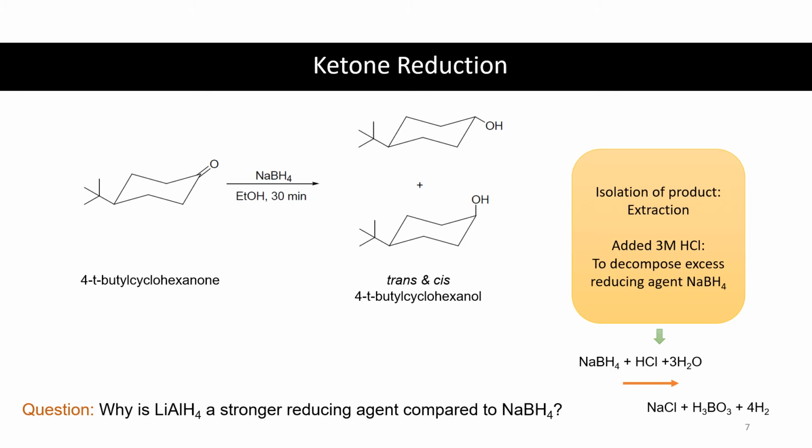And we discussed 3 reasons. One was that aluminum is less electronegative than boron. So aluminum has a much weaker bond with hydrogen, so the hydrogen can easily leave compared to hydrogen that is attached to boron.